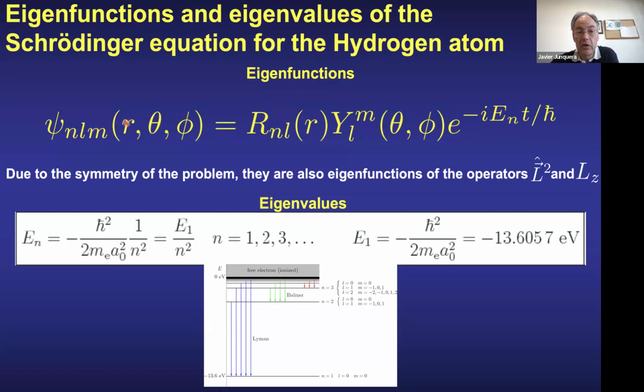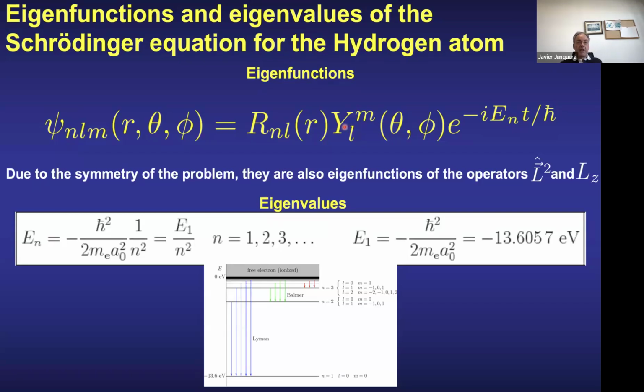And they depend on the position that is written here in polar spherical coordinates, so r, theta, and phi. Then I can consider that the eigenfunctions of my hydrogen atom can be written as a radial function multiplied by a function that depends only on the angular coordinates, and those functions are the spherical harmonics.